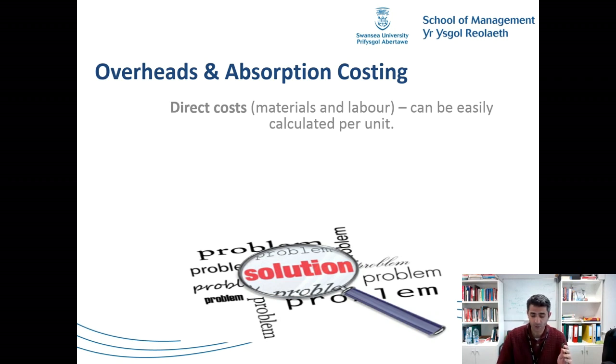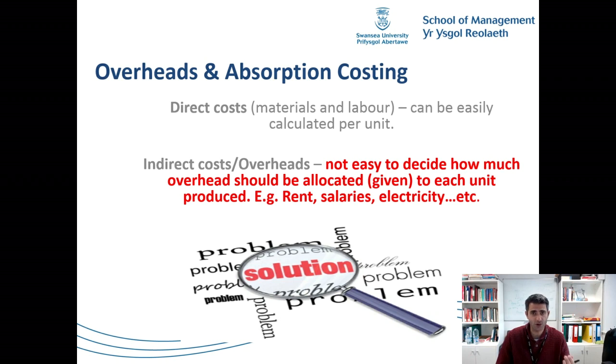However, when it comes to indirect cost or overheads, we agreed that it's not easy to decide how much overhead should be allocated to each unit produced, right? If you remember, we mentioned that it's really difficult, such as rent. It's difficult to absorb the rent and allocate it to each unit.